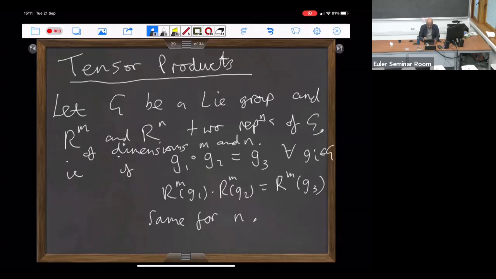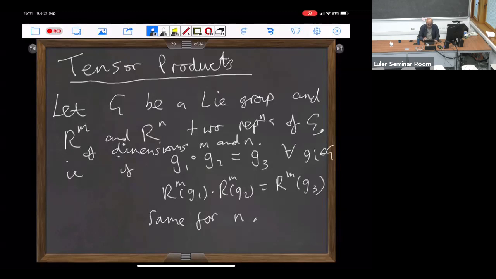I take that matrix and I multiply it by the corresponding matrix that represents G2, and then the answer I get from doing that multiplication is the matrix which represents G3.